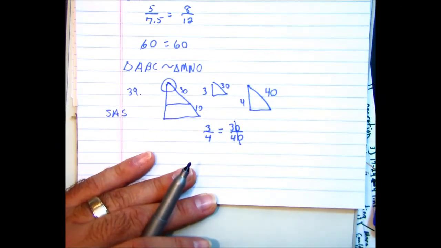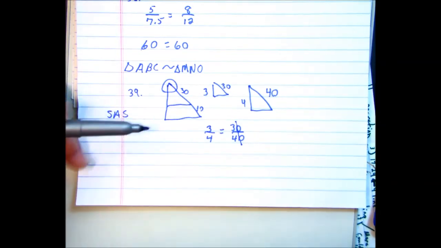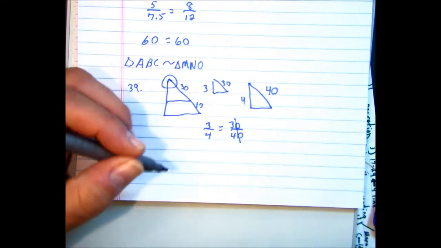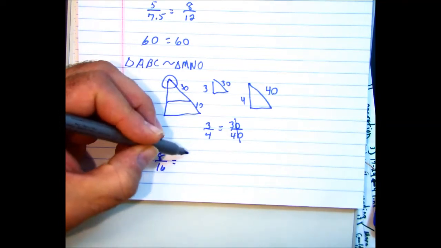All right, problem number 40. You'll see that you have 2 triangles that are similar, and they asked what are the reasons why they're similar. And that you're going to have to use, hopefully you use side, angle, side by writing the proportion, which would be 8 over 16 is equal to 32 over 64.